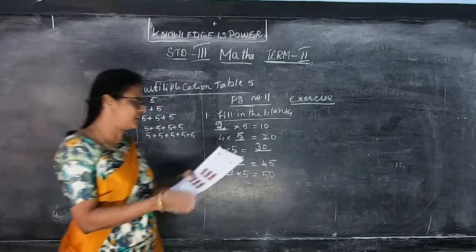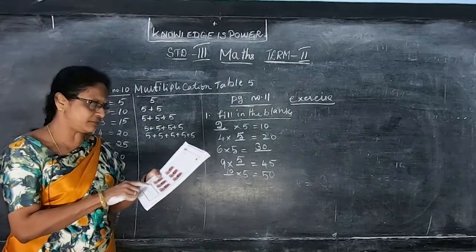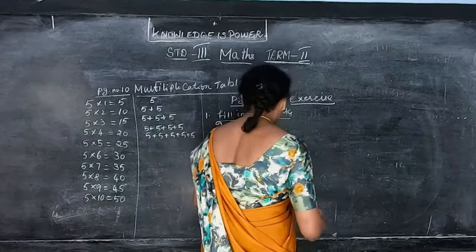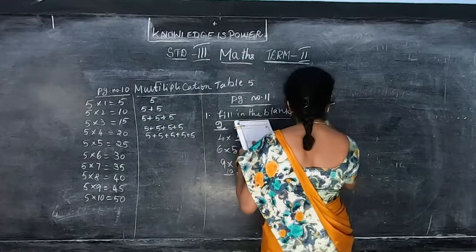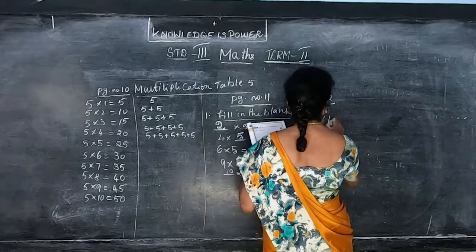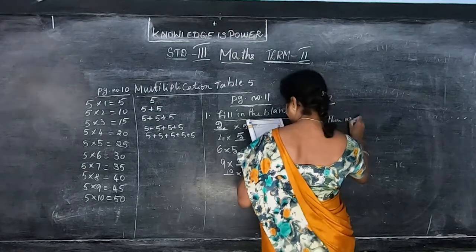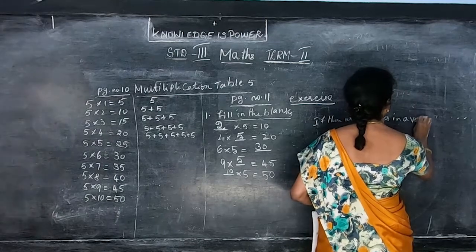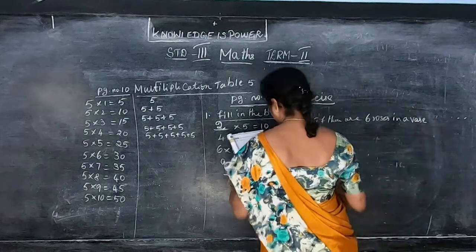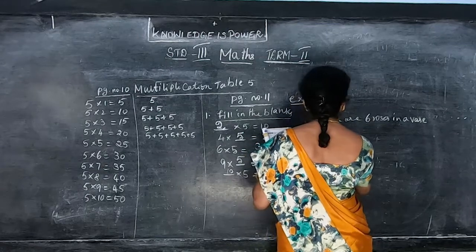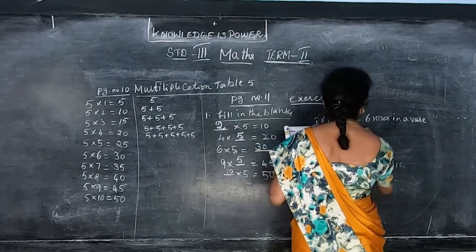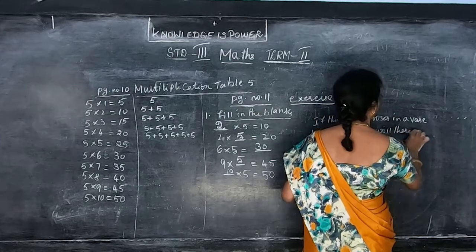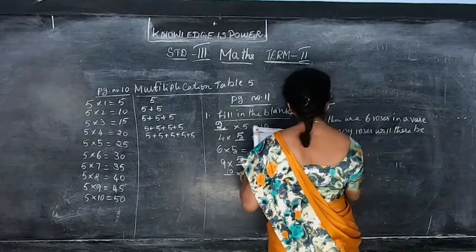So in this there are 6 flower vases. There are 6 flower vases, 6 roses in a vase. How many roses will there be in 6 vases? So you can write, if there are 6 roses in a vase, how many roses will there be in 6 vases?